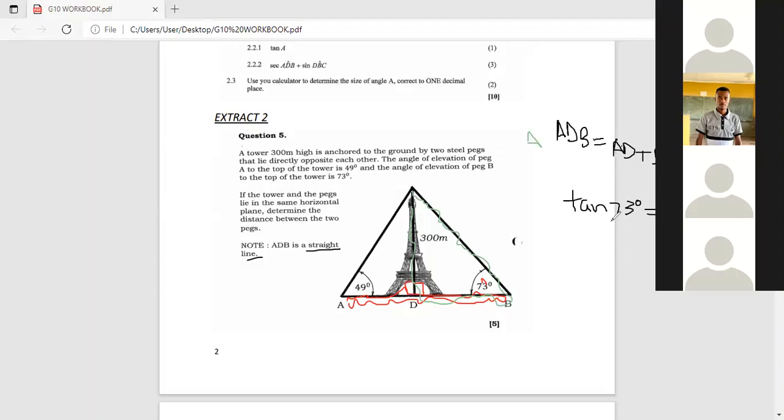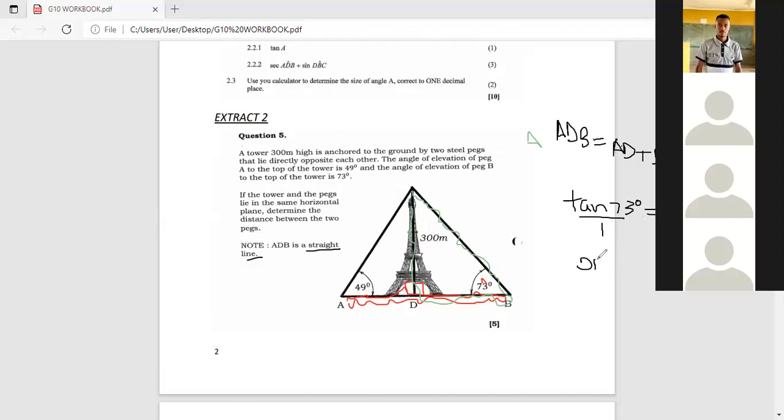And then from here, I'm going to use my calculator. Well, not yet. I'm going to start with saying this is all over 1 in order for me to simplify by cross multiplying. So DB tan 73 is equal to 300.